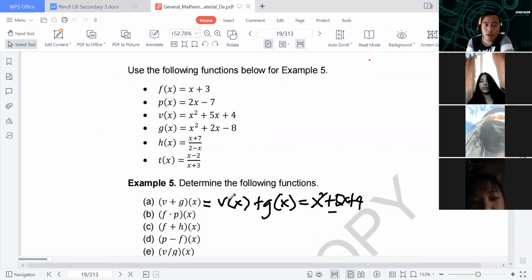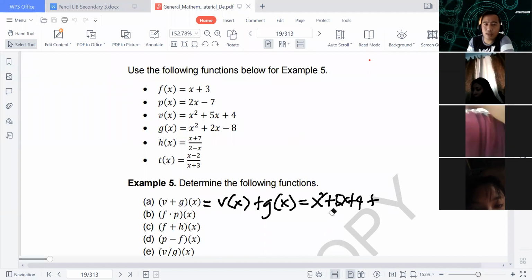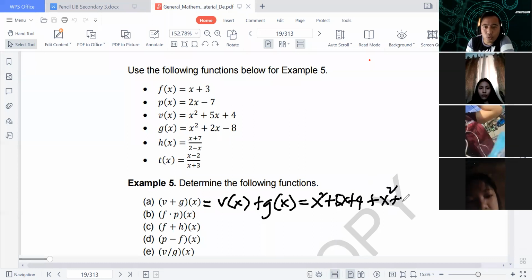I get that from the v of x. Plus the g of x. Our g of x here is defined by x squared plus 2x minus 8.